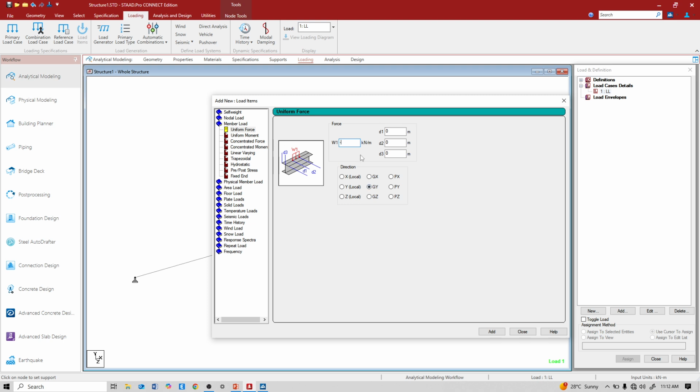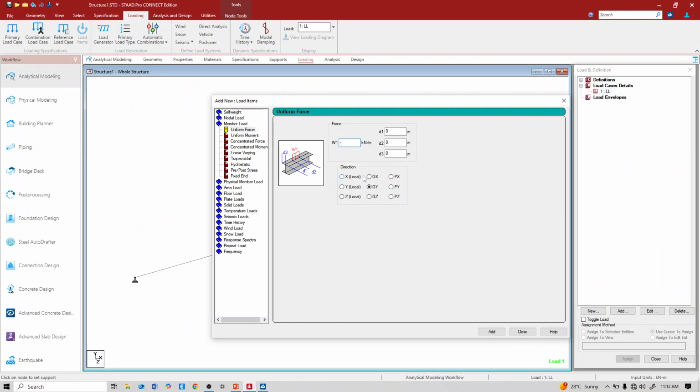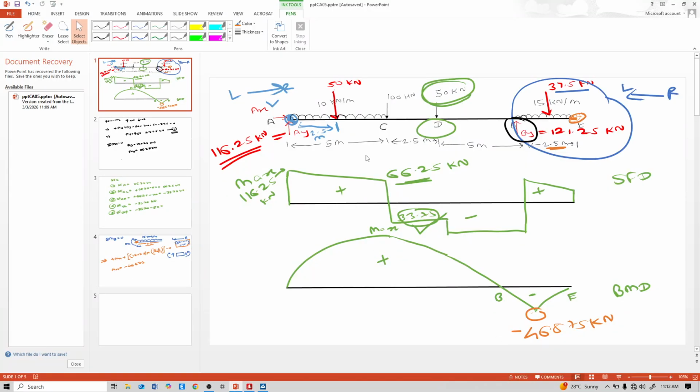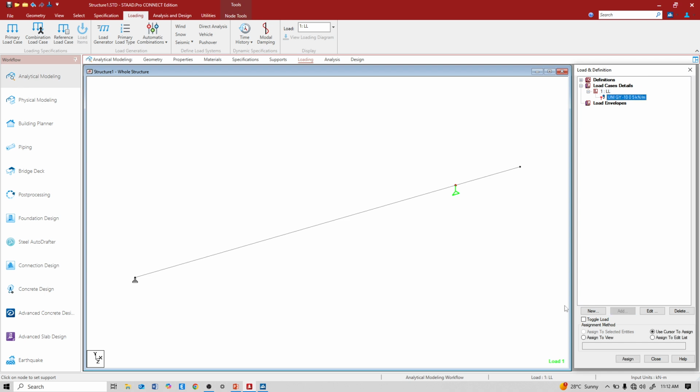See here the direction GY, and GY is upward, but for direction GY, W1 is minus, that means this is downward. And the load is 10 kN per meter. And this is 5 meter, so D2 distance is 5 meter. Add, close, click that load, use cursor to assign this.